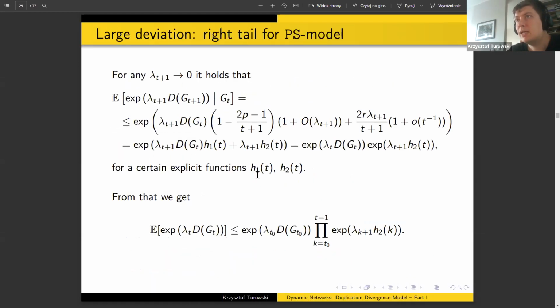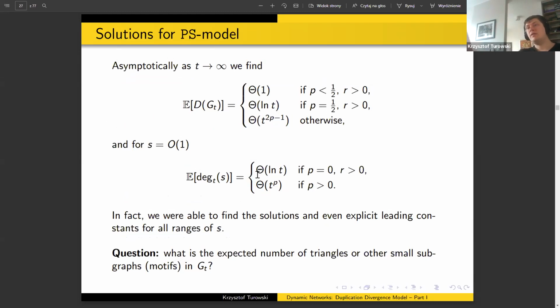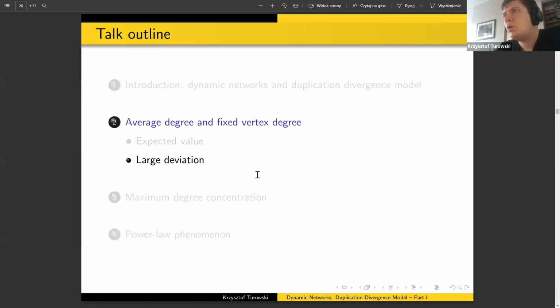Okay, but this is only the expected value, and this is only the stepping stone to theorems proving the behavior of the whole model.